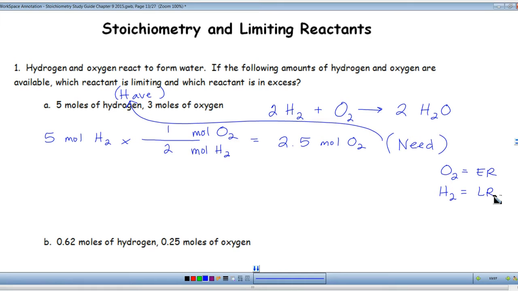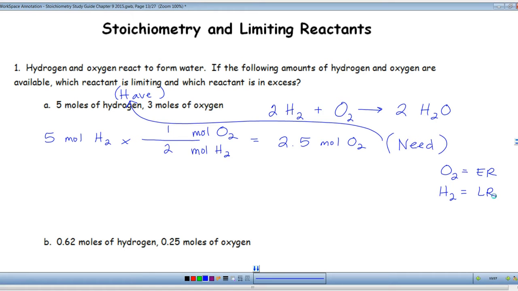Here's the calculation option. We pick one reactant, set up a mole-mole switch to convert to moles of the other reactant. We're trying to find the limiting reactant. Then compare what you calculate, that's what you need, to what's given in the original problem, that's what you have. If we have extra, that's the excess reactant, and the other one's limiting.